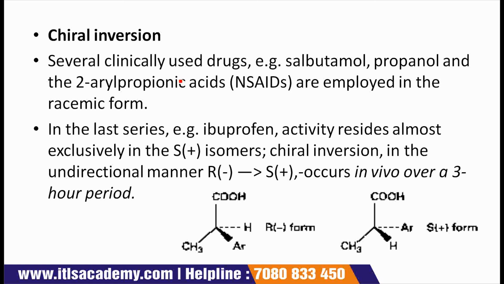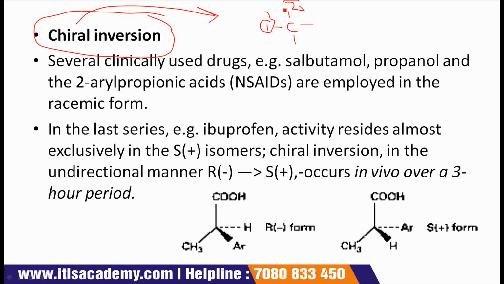Next is chiral inversion. First we will see what is chiral. If there is a carbon attached to 4 groups, and these 4 groups are the same, like hydrogen all around, all 4 groups are hydrogen, then it will not be chiral.